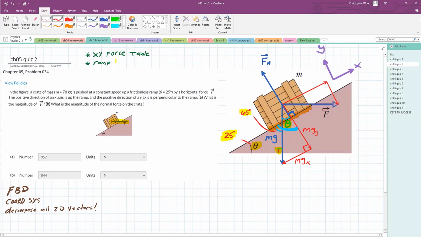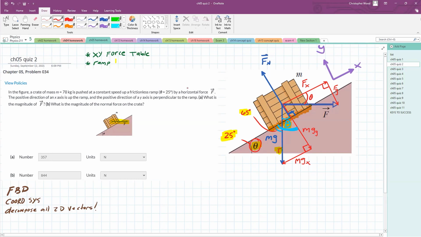So this is 90 degrees because by definition, x and y are perpendicular. This is Fx. This is Fy. And from an angle point of view, can you see that this angle theta here is going to be the same here? This is also theta.